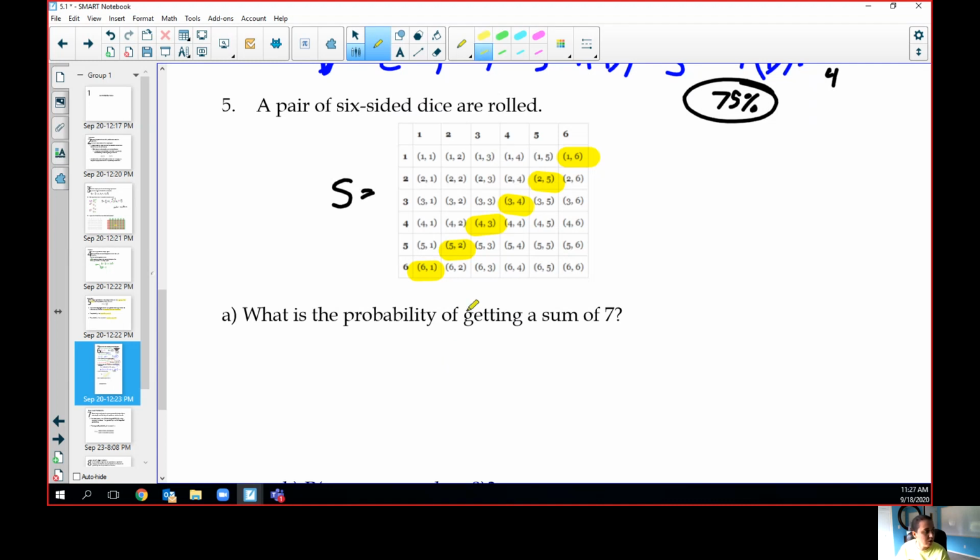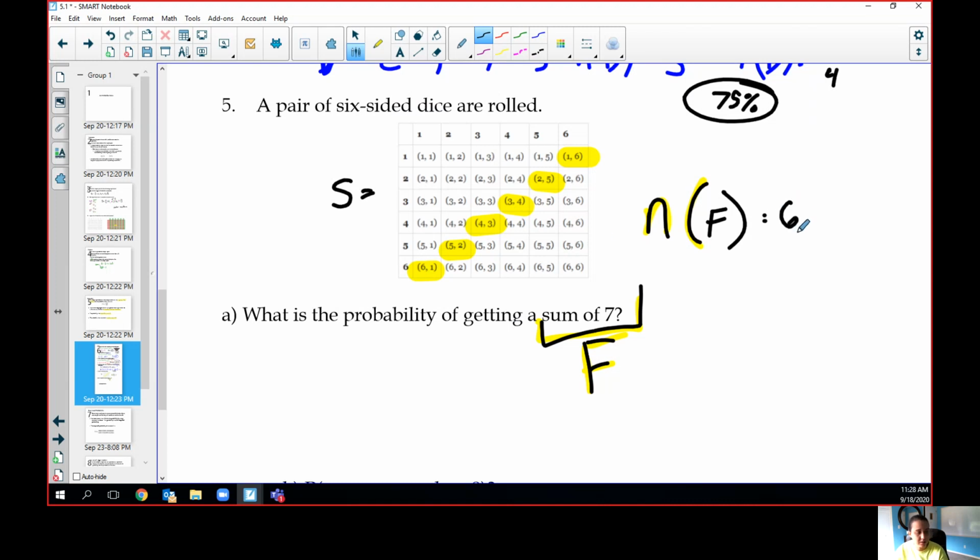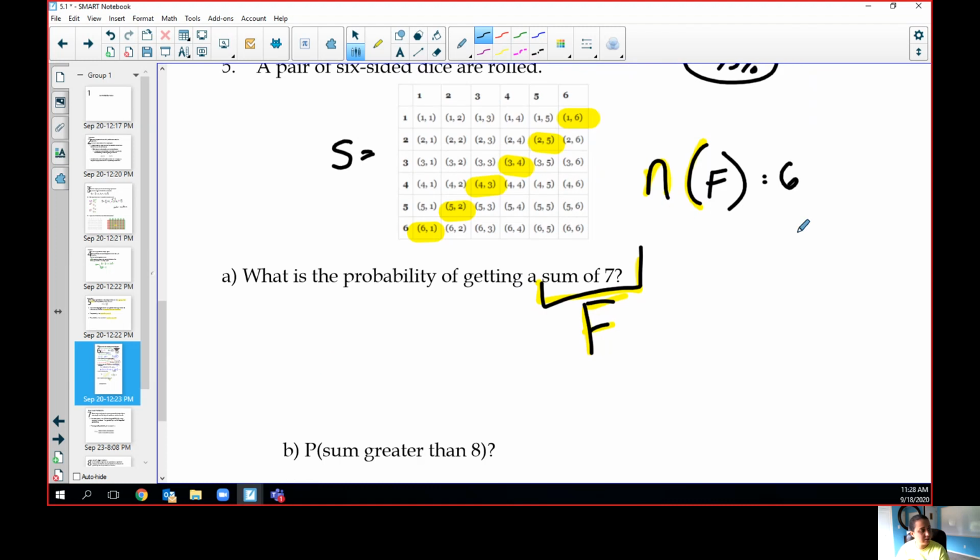For a sum of rolling a 7, A, B, C, D, E, we'll call this guy F. And it looks like to find F, there are 1, 2, 3, 4, 5, 6 different outcomes. I know our sample space has 36.